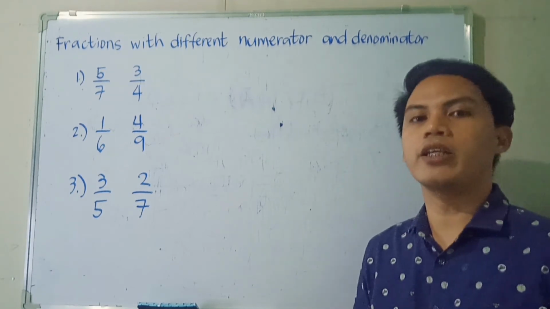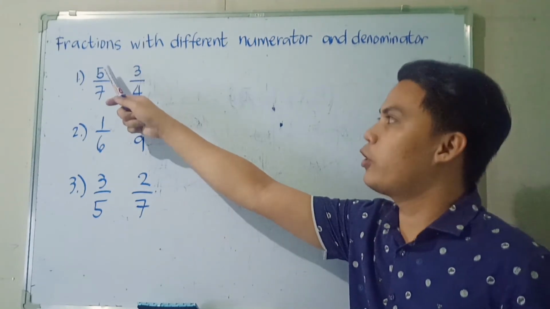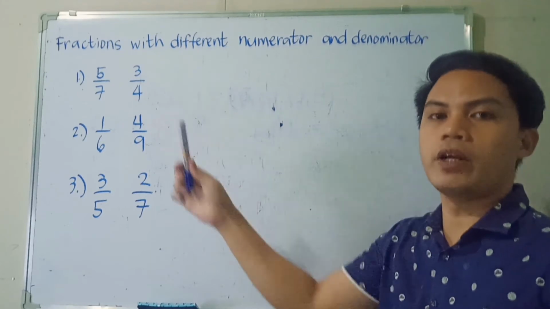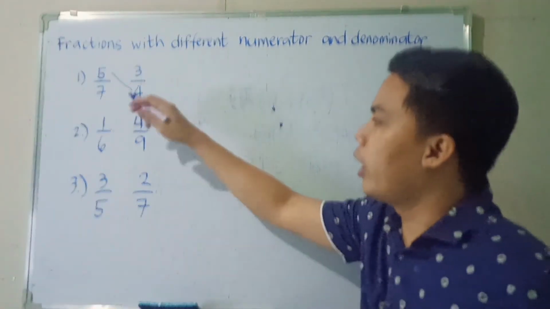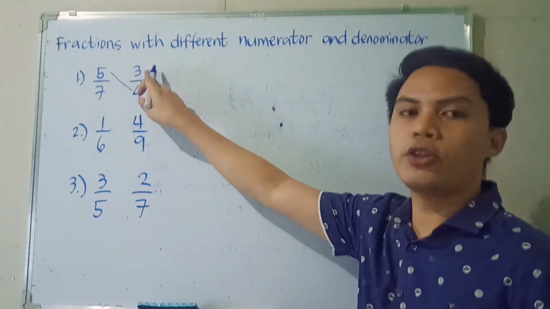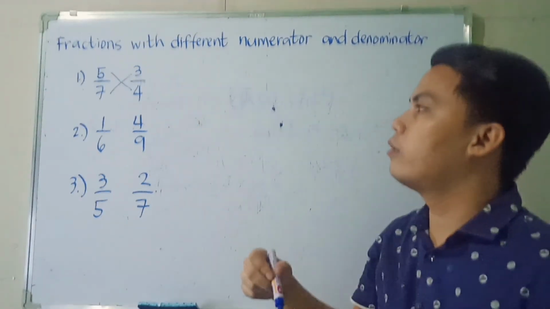But I have another technique. So yung gagawin lang natin is that we're going to multiply yung numerator ng first fraction to the denominator of the second fraction. So sila yung magka-partner. And yung denominator naman ng first fraction multiplied sa numerator ng second fraction. So sila din yung magka-partner.